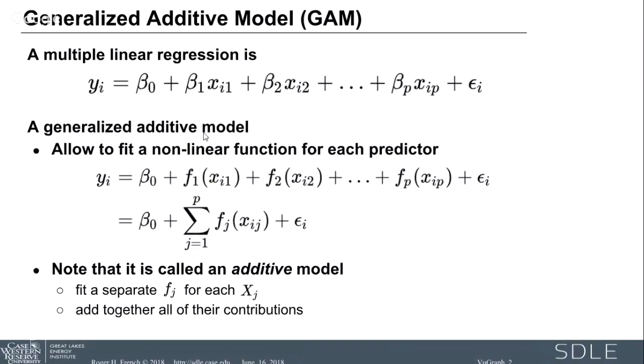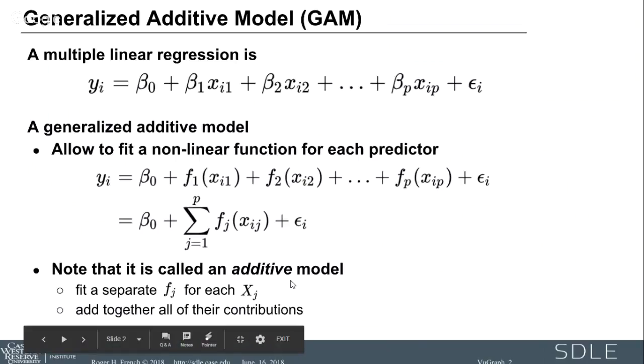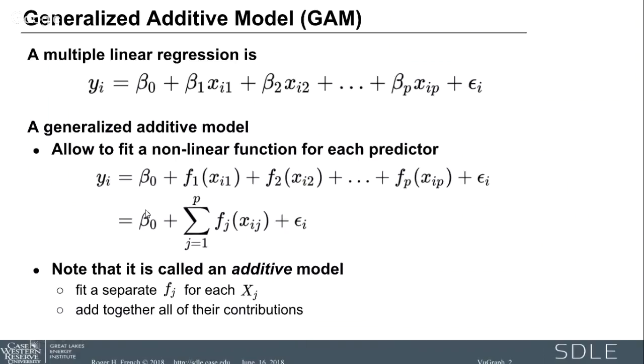For example, we fit the f1 function for x1, f2 for x2, and so on. It is also called an additive model because we fit a separate fj for each xj and add them together. So we call this a generalized additive model.